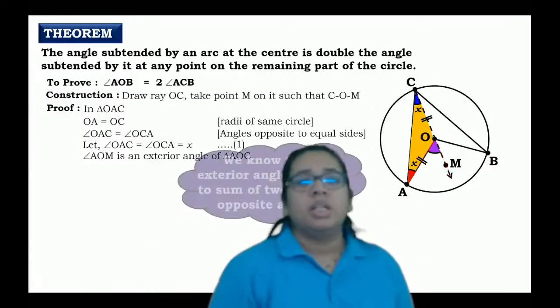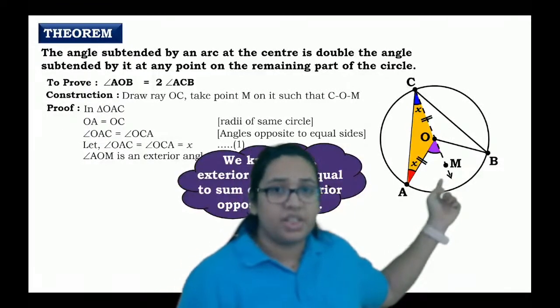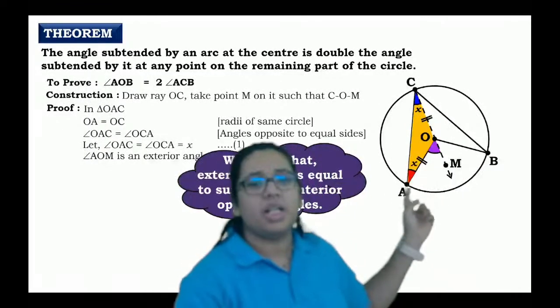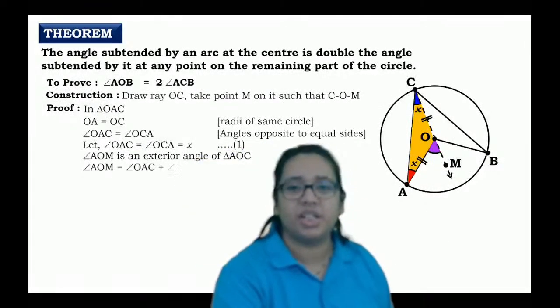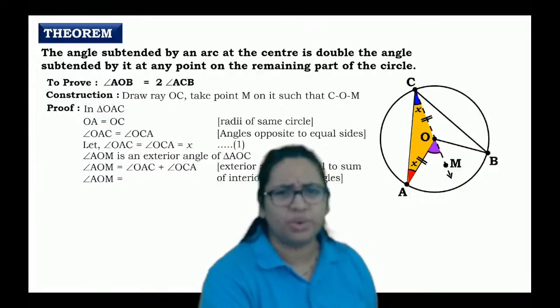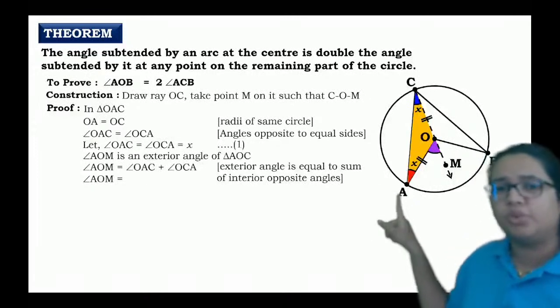Now here AOM will work as an exterior angle for this triangle, right? And we know that the exterior angle equals the sum of the two interior opposite angles.